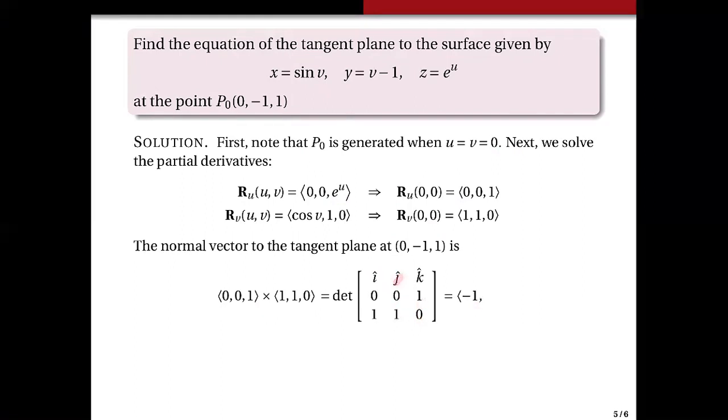For the j, you also get positive 1. You have this and this minus this times this, but you negate. Take note that at the middle you have the negative of that. So that's why you will get positive 1. And then for the k part, for this 2 by 2 matrix, it's just 0. Therefore, the normal vector will be negative 1, 1, 0.